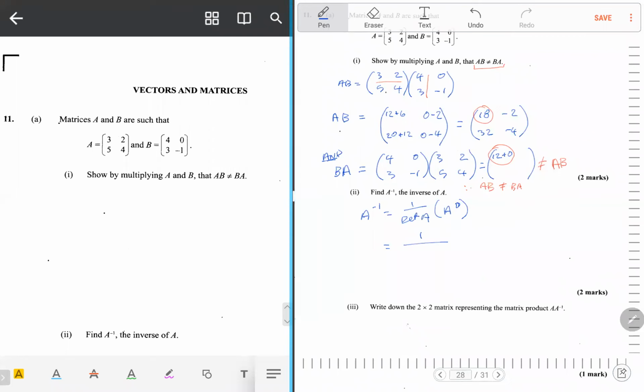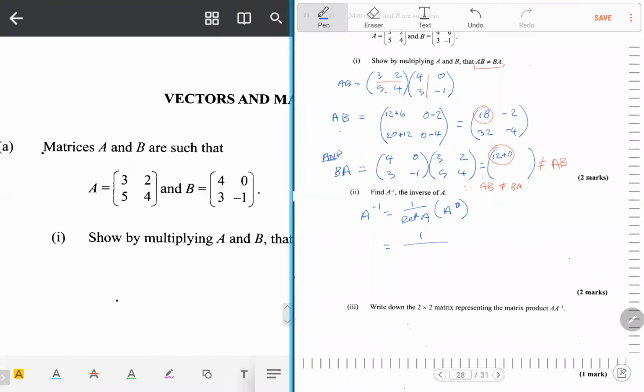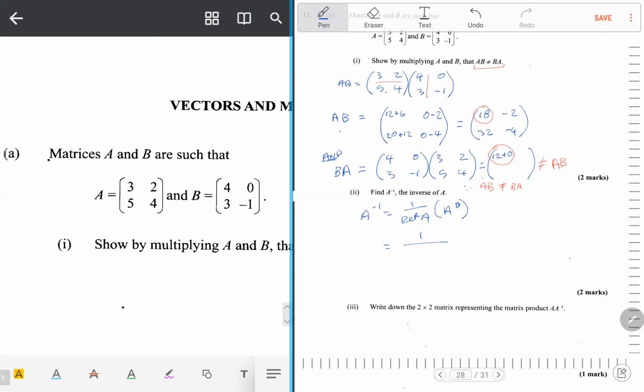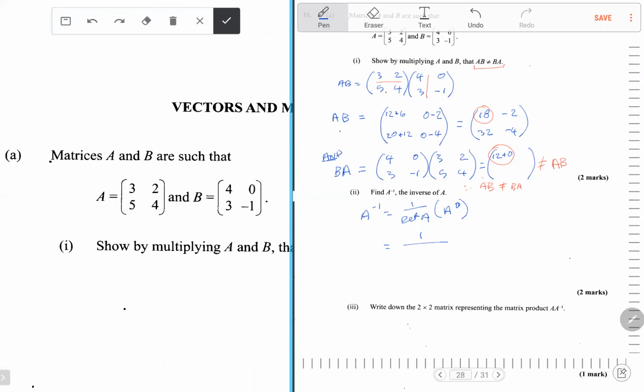The determinant is this product minus this product, the first diagonal minus the second diagonal product, right? And so it is 3 times 4 minus 2 times 5, multiplied by the adjoint matrix.